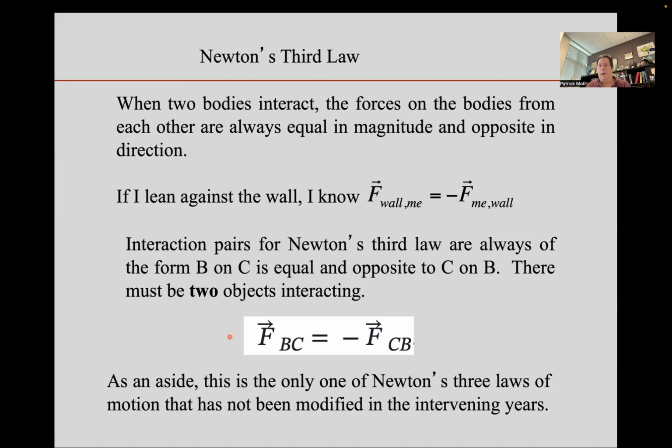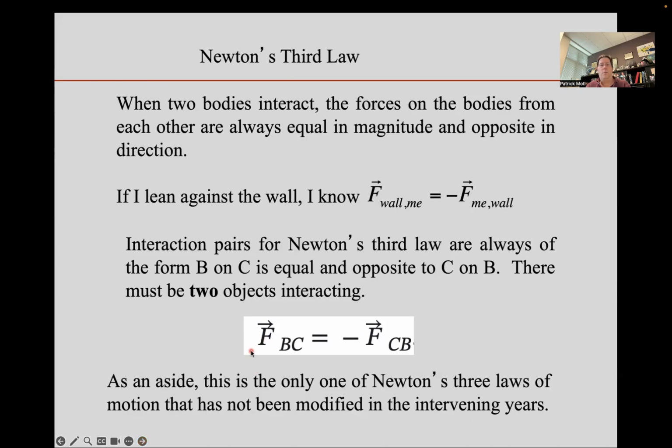Even after working on physics for 4 centuries, there are no changes, no modifications, no exceptions to Newton's third law of motion. It is the one that is still in its original form, all up to the present day. So really, really true. Even when you forget it on a problem, it still is really true.